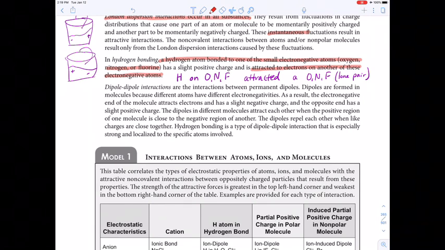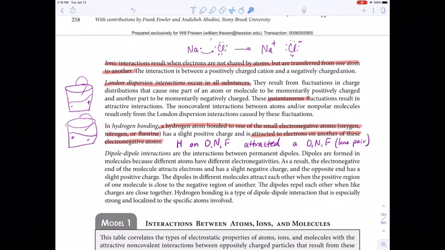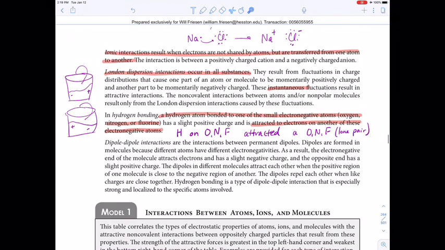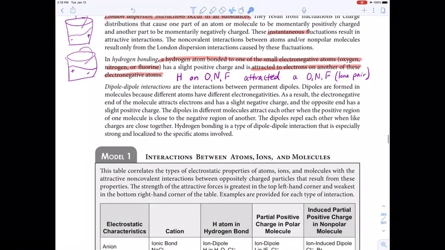Dipole-dipole interactions are the interactions between permanent dipoles. So this up here, we can kind of think of as dipoles, where we have a negative side and a positive side. However, the ones that I drew up here in the bucket, that's instantaneous, it's not constant. Dipole-dipole interactions are between permanent dipoles.